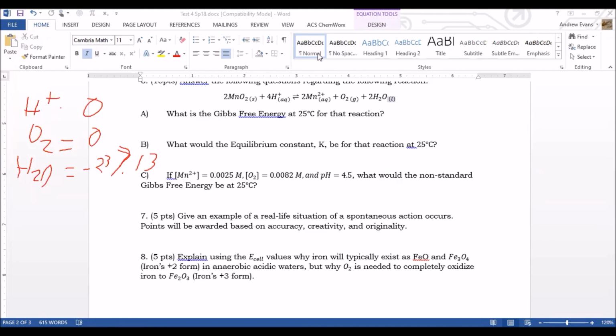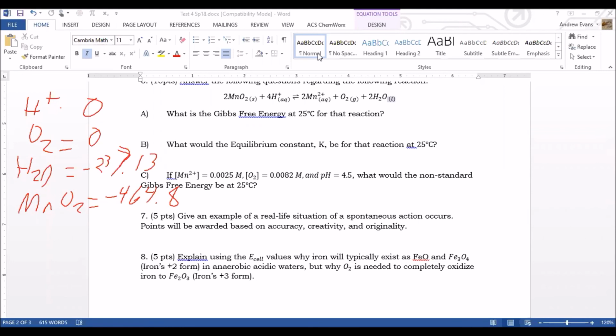If you use them in a different format, you're going to get a different number, which is why you definitely want to make sure you're using the right source. Fun. I don't have Mn2 plus. This book. Okay, MnO2 is negative 464.8.